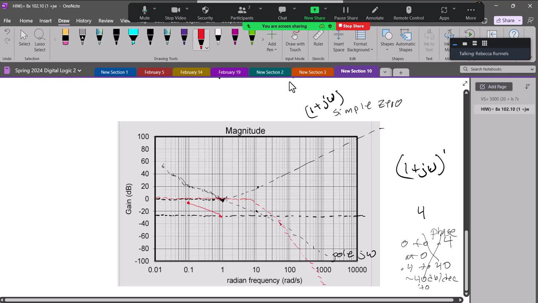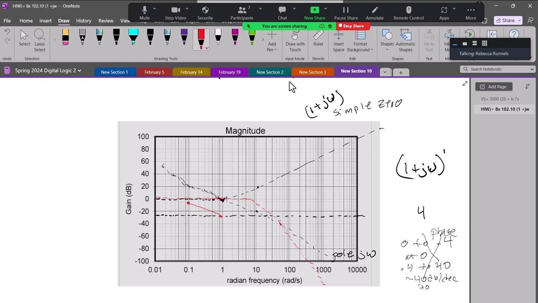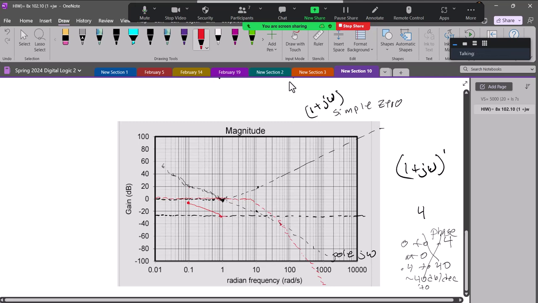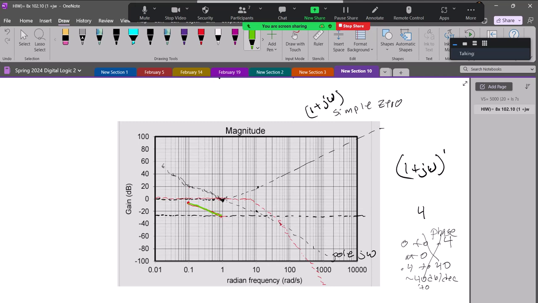And then when I get to 1, I can see that what I added was a slope of plus 20 decibels per decade. So now I have a slope of minus 20 decibels per decade and plus 20 decibels per decade. So those two will cancel each other out and make a 0 slope until I get to where my next piece starts, which is at 4.